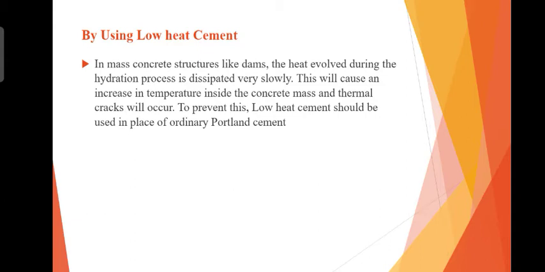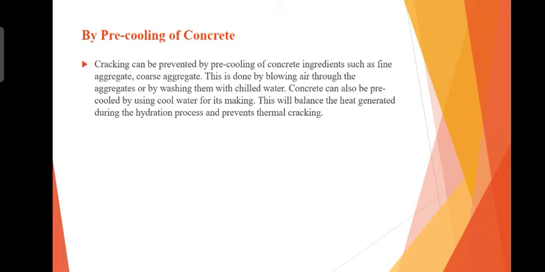Next, pre-cooling of concrete. Cracks can be prevented by pre-cooling concrete ingredients such as fine aggregate and coarse aggregate. This is done by blowing air through the aggregate or by washing them with chilled water.